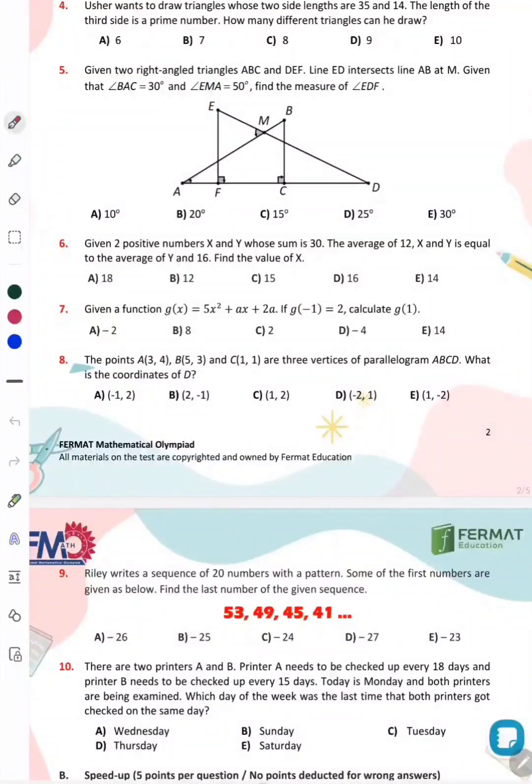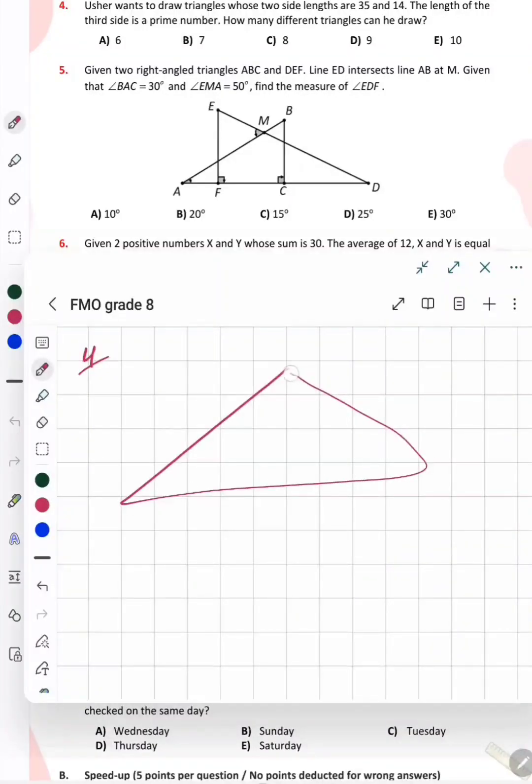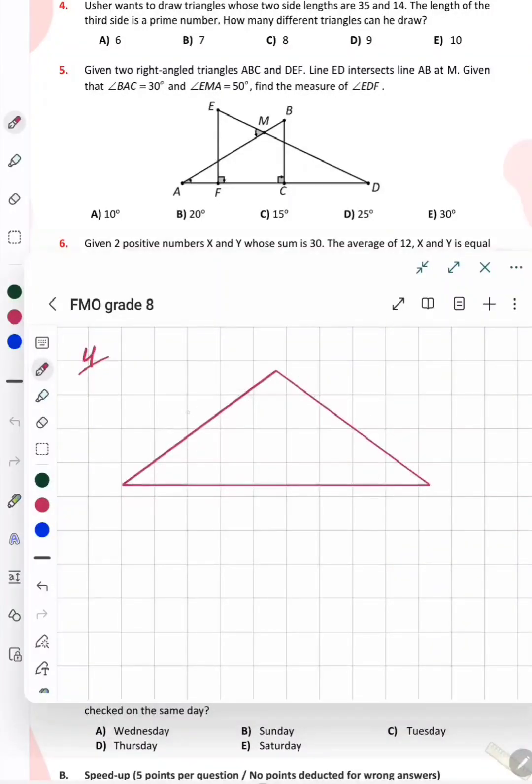Number 4. Asher wants to draw triangles whose two side lengths are 35 and 14. The length of the third side is a prime number. How many different triangles can he draw? So here, to construct a triangle, we have to follow the triangle inequality. Let's say two sides are 35 and 14.